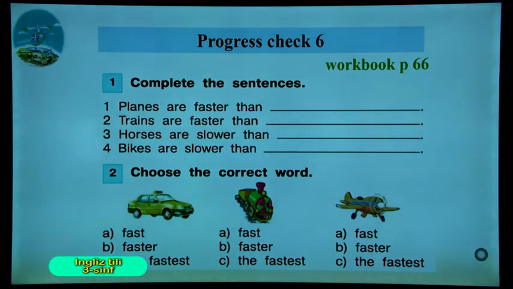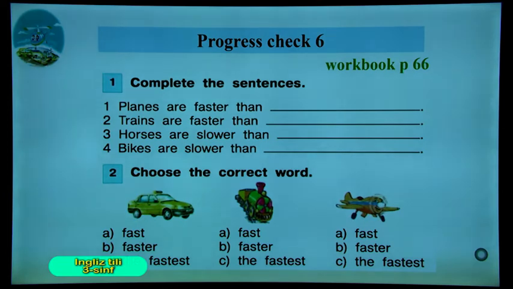Agar aziz o'quvchilar unutgan bo'lsak, albatta grammatik daftarimizni ochamiz va yana bir bor o'qib olishimiz kerak bo'ladi. So, once again, planes are faster than, for example, you may write train. Is this clear? Great.